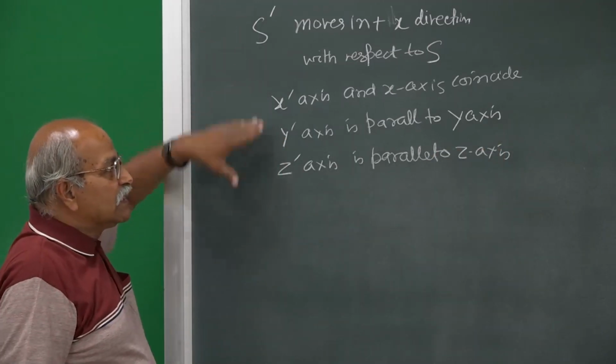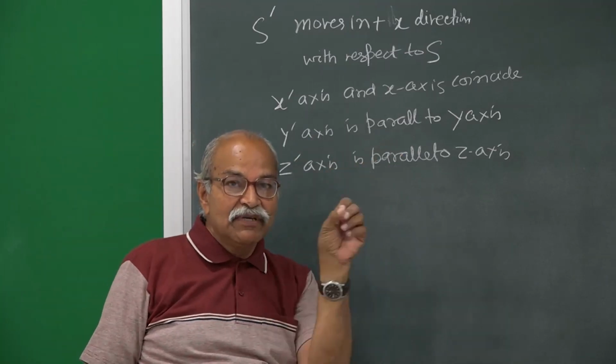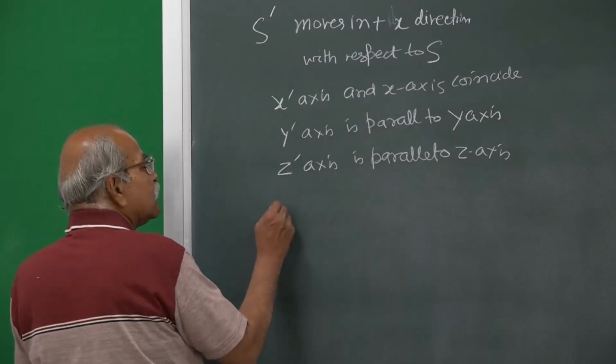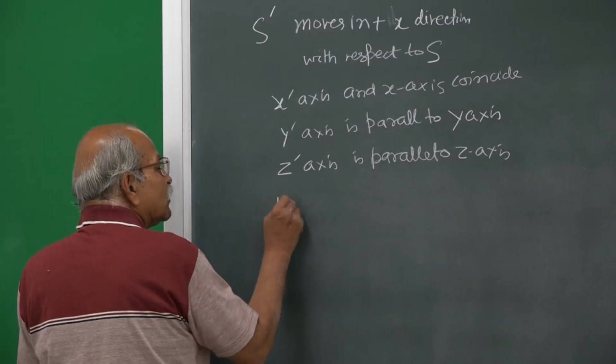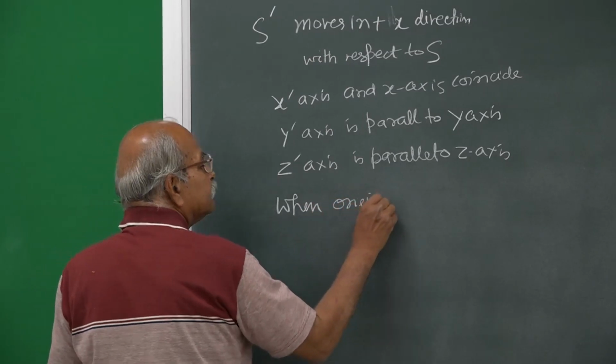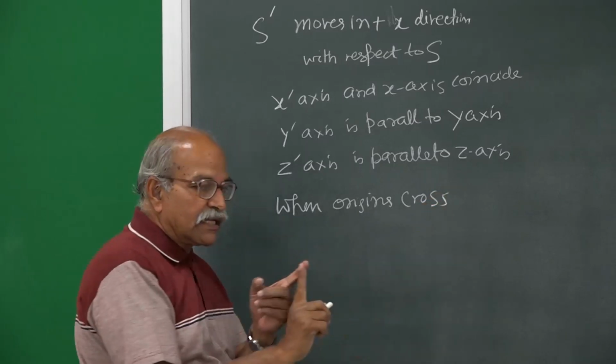And on top of all these things, we also have that time t equal to 0 and t prime equal to 0, that also very specifically we defined for this, that when origins cross, this event, the two origins are at the same place.